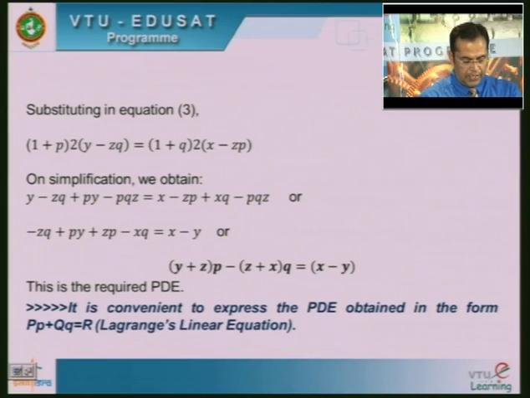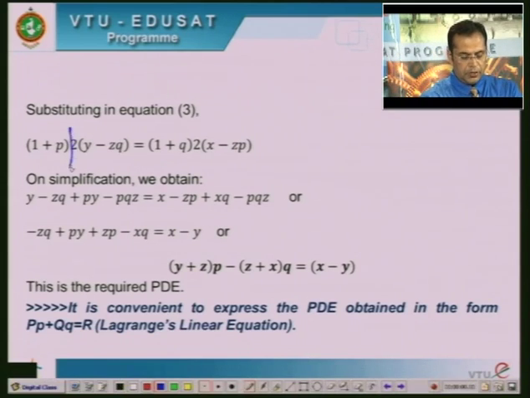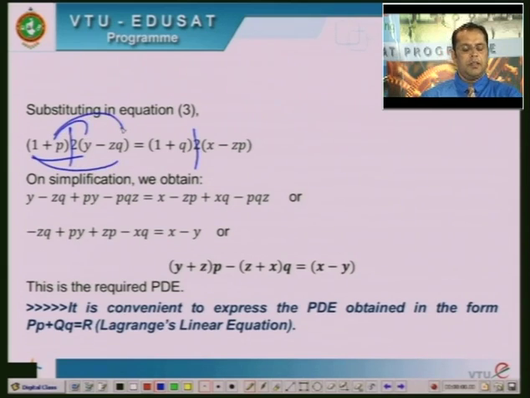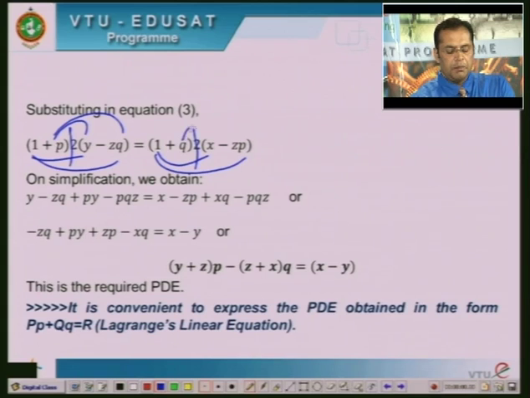First, cancel the 2 on both sides, then multiply across, you get y minus zp plus py minus pqz equal to x minus zp plus xq minus pqz.